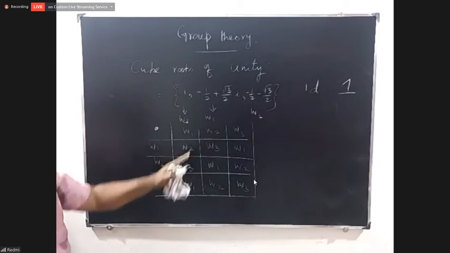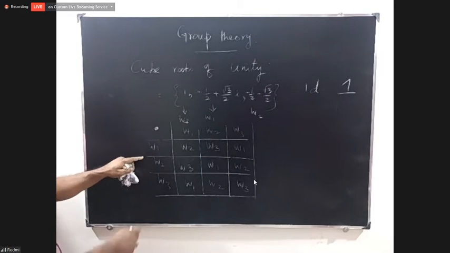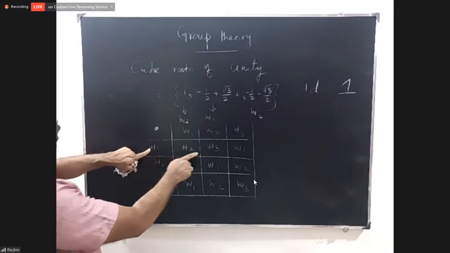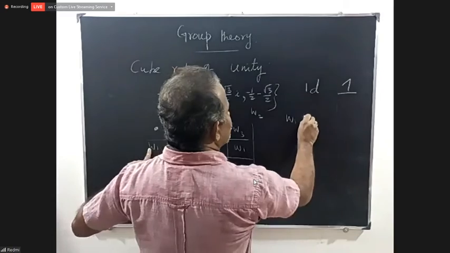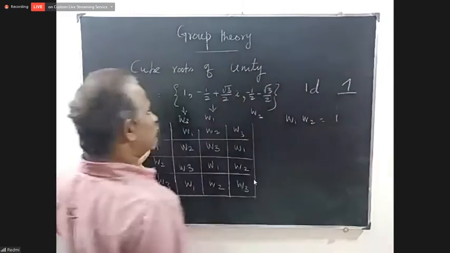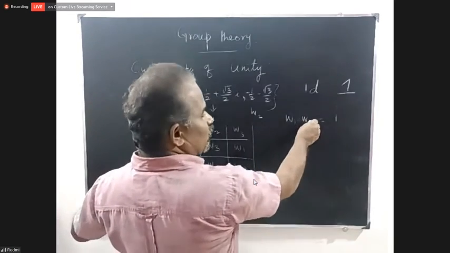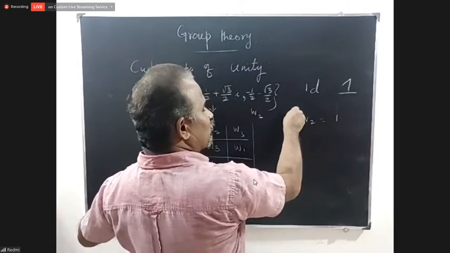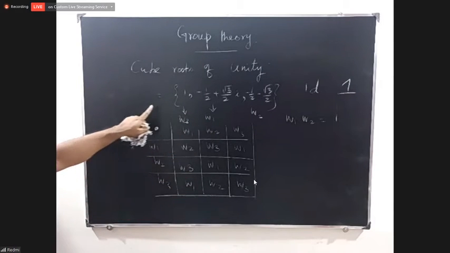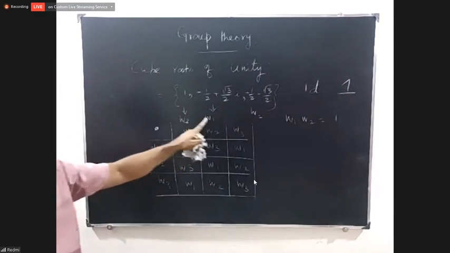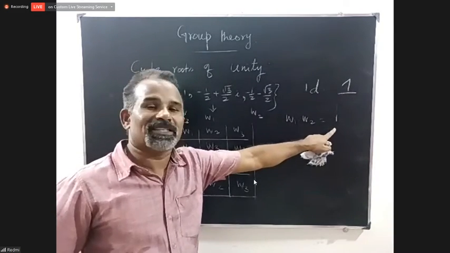Then inverse. The inverse of W1 is equal to W2 because W1 into W2 is equal to W3 is equal to 1. So therefore inverse of W1 is equal to W2, inverse of W2 is equal to W1. So likewise we can check each and every element of this set has the inverse.